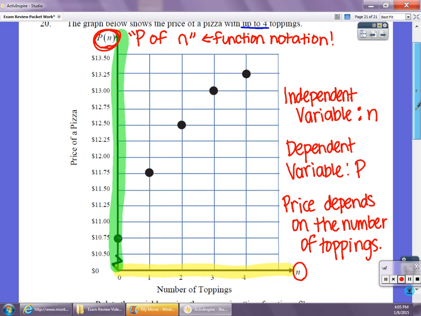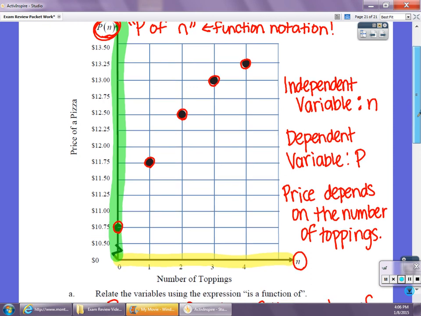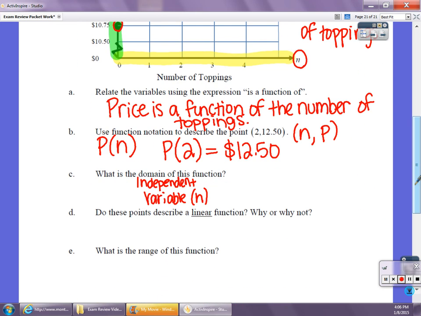If you look at the points on the graph, we have a price for 0 toppings, a price for 1 topping, 2 toppings, 3 toppings, and a price for 4. We don't really have 1.5 toppings or 2.5 toppings. We can sometimes do that, but for this question, we're just going to use those whole numbers. So in this case, our domain is going to be represented by the possibilities 0, 1, 2, 3, and 4. I'm just going to list them out there.